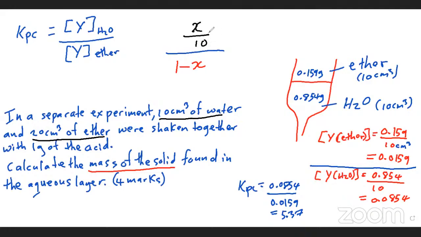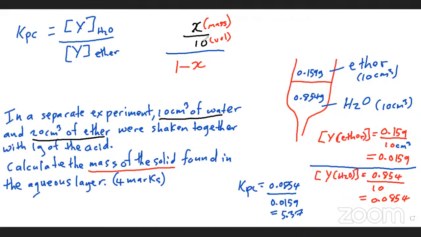This part is working out concentration. Remember, this is mass, right? So mass over volume, that would be the mass concentration. So it's mass concentration divided by mass concentration.